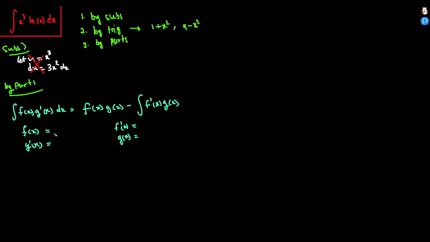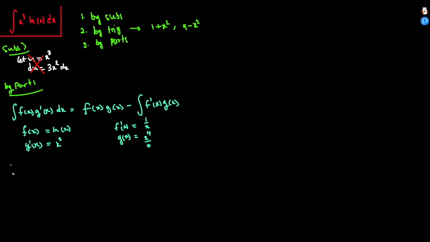That's just a matter of practice, and you learn as you keep practicing. So for this question, I'm going to let f of x be ln x and g prime of x equal x cubed. The derivative of ln x is really straightforward: that's just 1 over x. And the integral of x cubed is not bad either: it's just x to the fourth over 4.